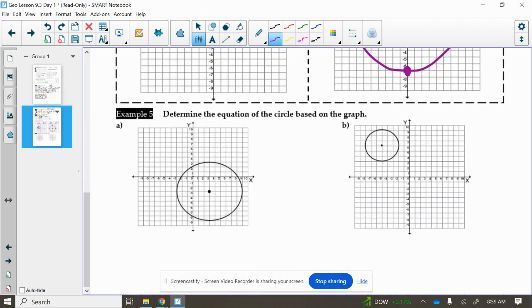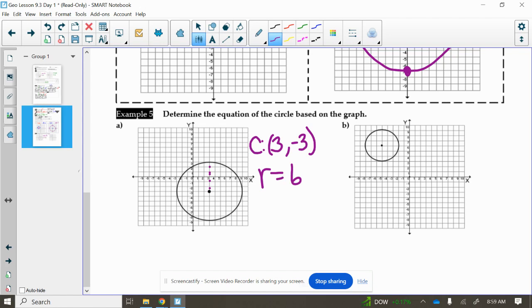All right, final 2 examples are asking us to write the equation based on the picture. So we need to start by identifying the 2 things we need, which are going to be our center, in this case at (3, -3), and then the radius value. So again, we're going to count 1, 2, 3, 4, 5, 6 as our radius length.